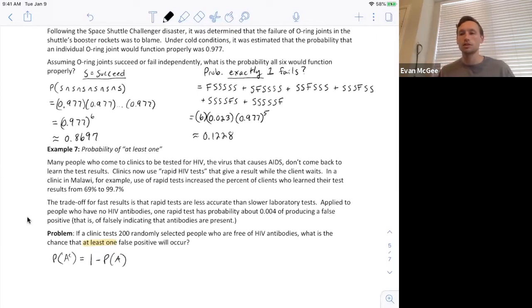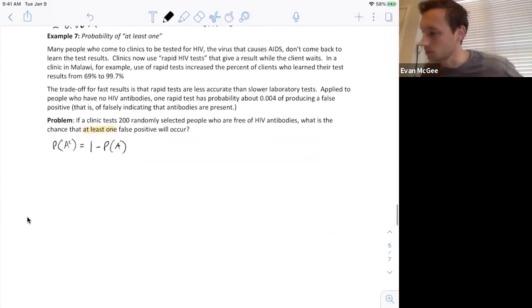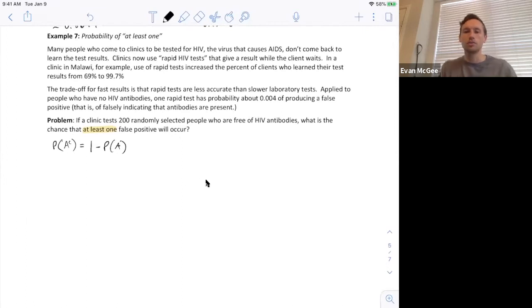But first, let's think about all the outcomes from this example. They want to know the probability that at least one false positive will occur in 200 randomly selected people. So think about how many different ways a false positive could occur. It could be the first, and then there's 199.